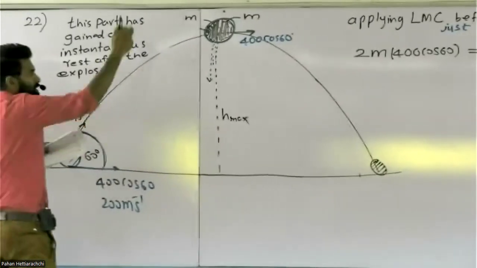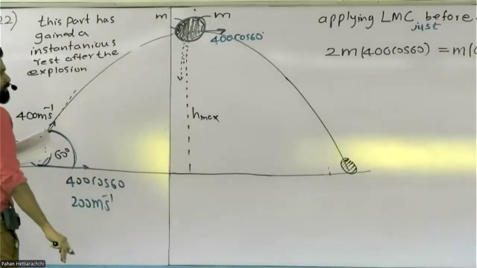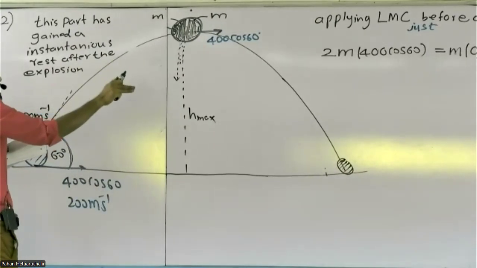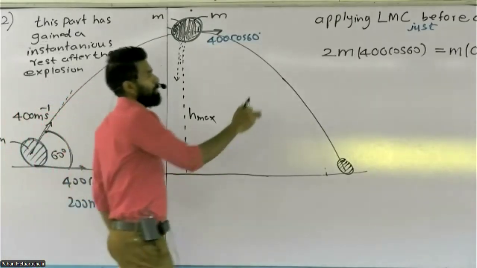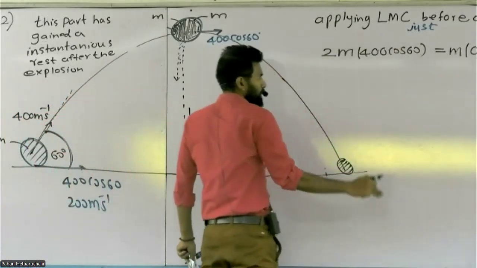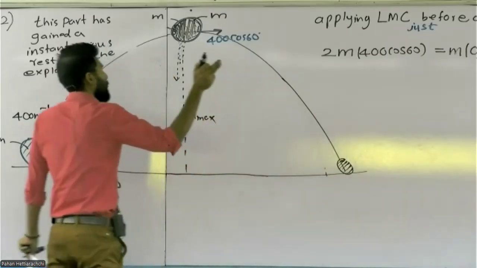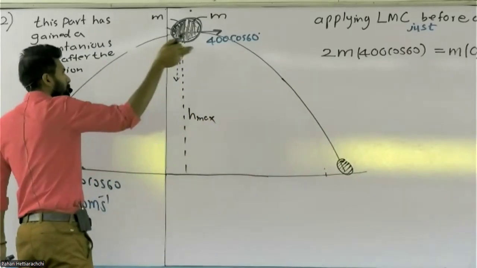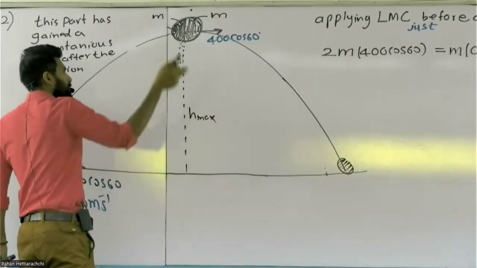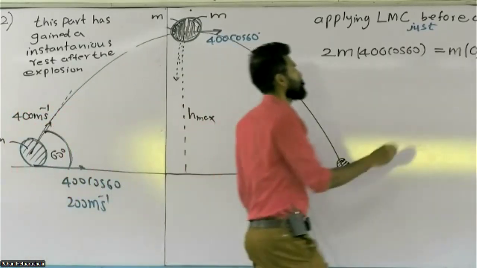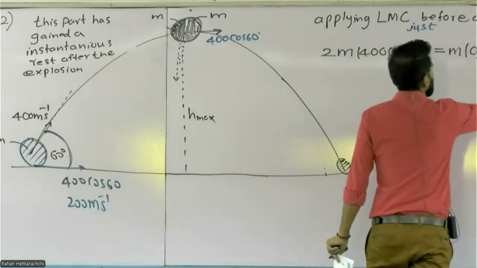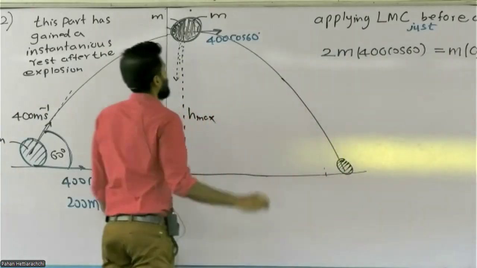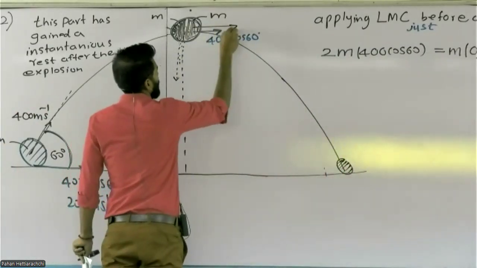But nothing like that, it just fell down due to gravity. Why? It was instantaneously at rest after the explosion. So, for that part, m into 0 is the momentum. The other part also has mass m and it will gain a velocity v after the explosion.